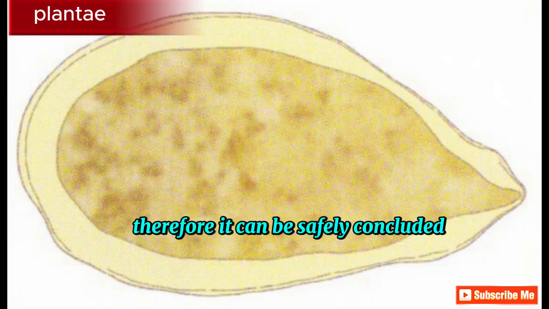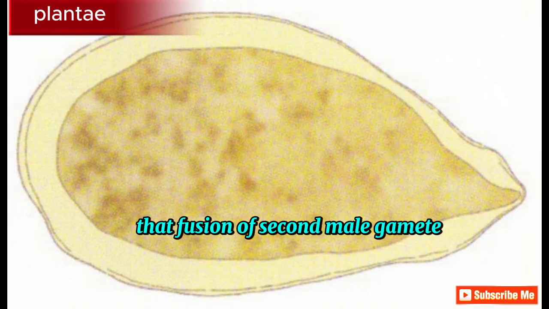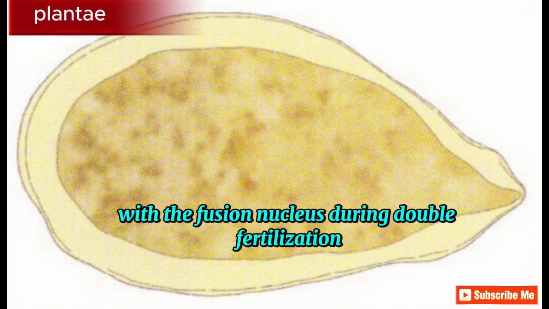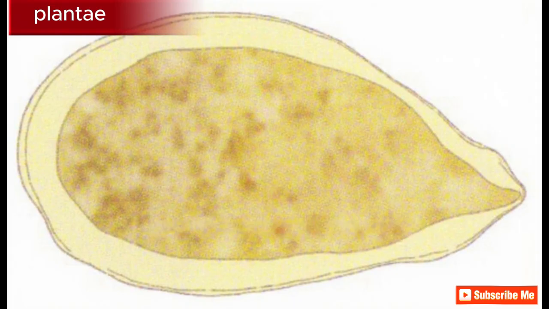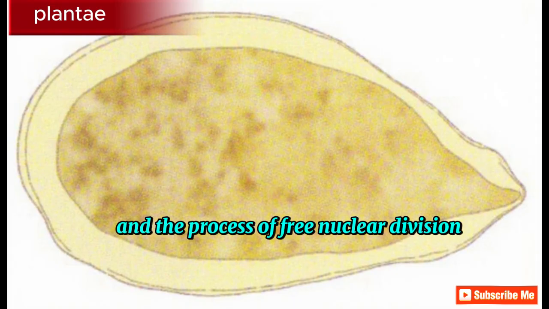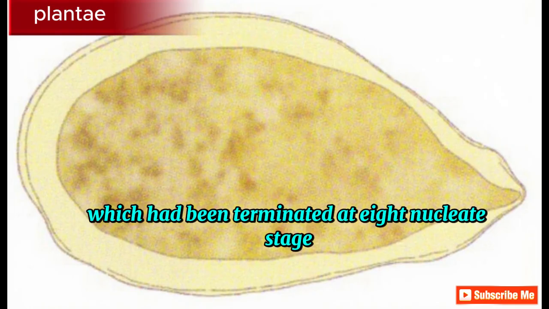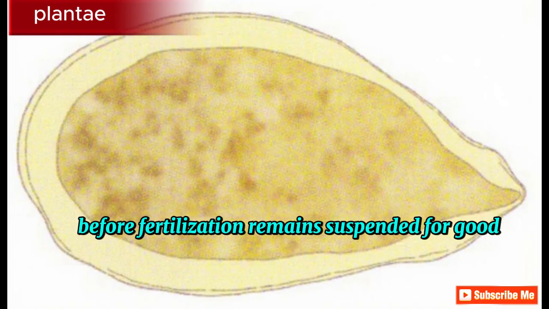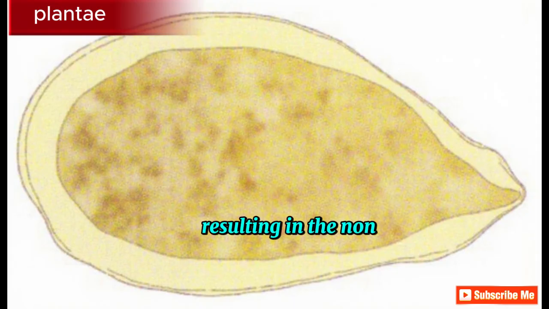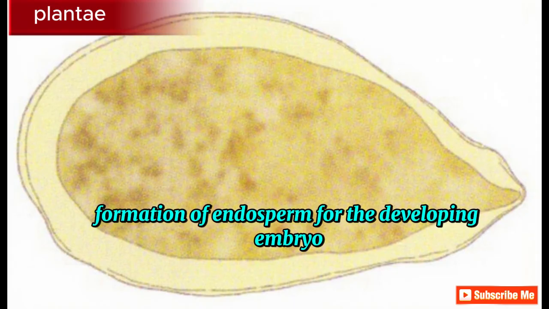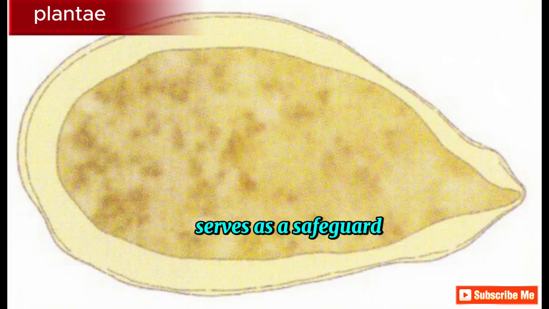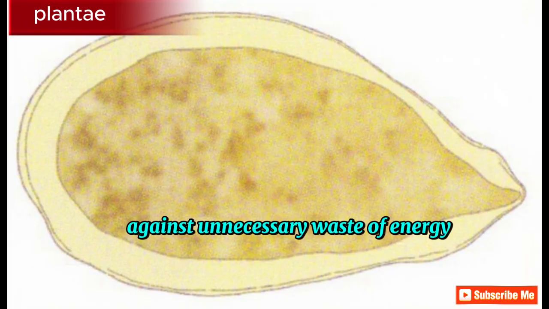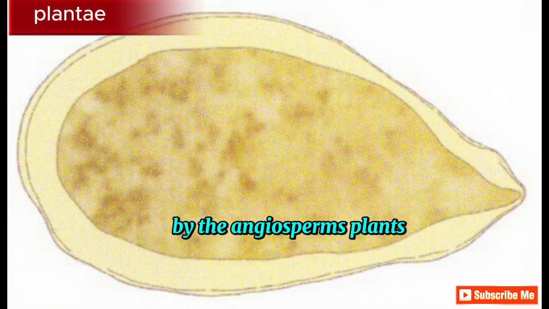Therefore, it can be safely concluded that fusion of the second male gamete with the fusion nucleus during double fertilization provides a stimulus without which the fusion nucleus would have remained inactive, and the process of free nuclear division, which had been terminated at the 8-nucleate stage before fertilization, remains suspended for good, resulting in the non-formation of endosperm for the developing embryo. The process of double fertilization serves as a safeguard against unnecessary waste of energy by the angiospermous plants.